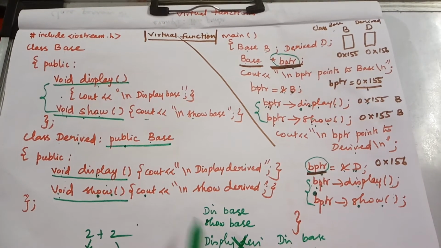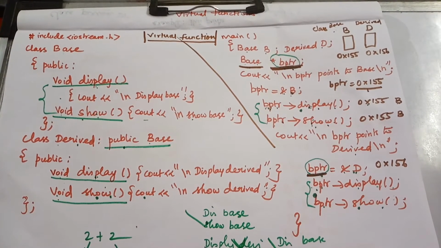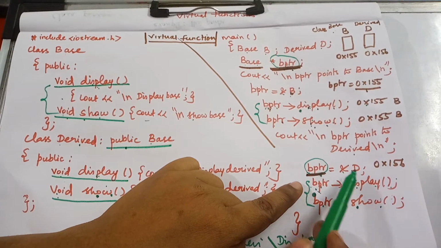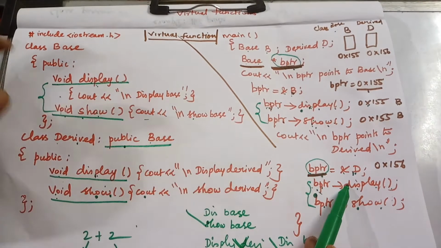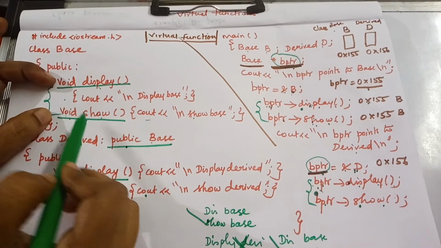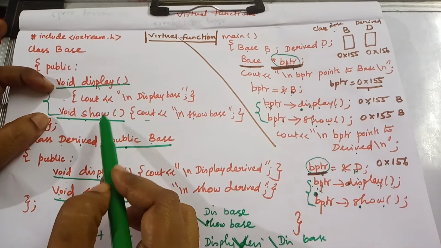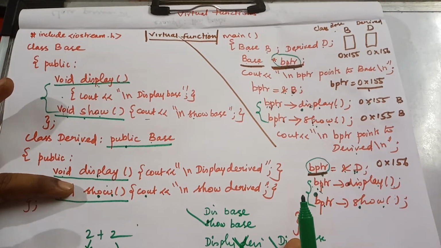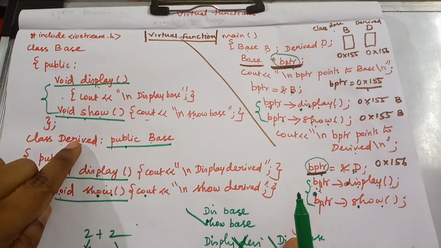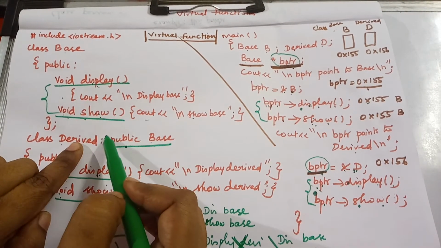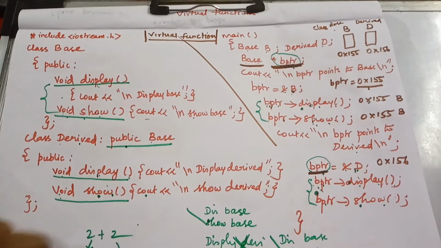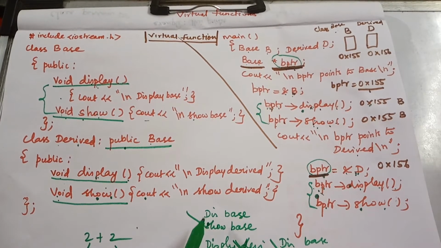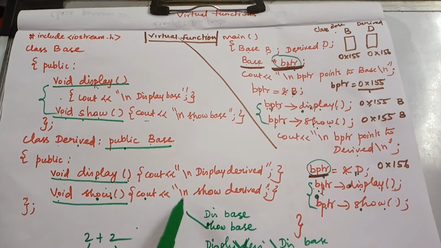Directly it calls the base class member function and it prints display base and show base. Correct? So both are the same, display base, and whenever you are calling the member function for the derived class object, again it prints and it calls the base class member functions because both have the same function name. And also one more point, in your derived class the base class characteristics are derived here, but this program displays the same answers two times.